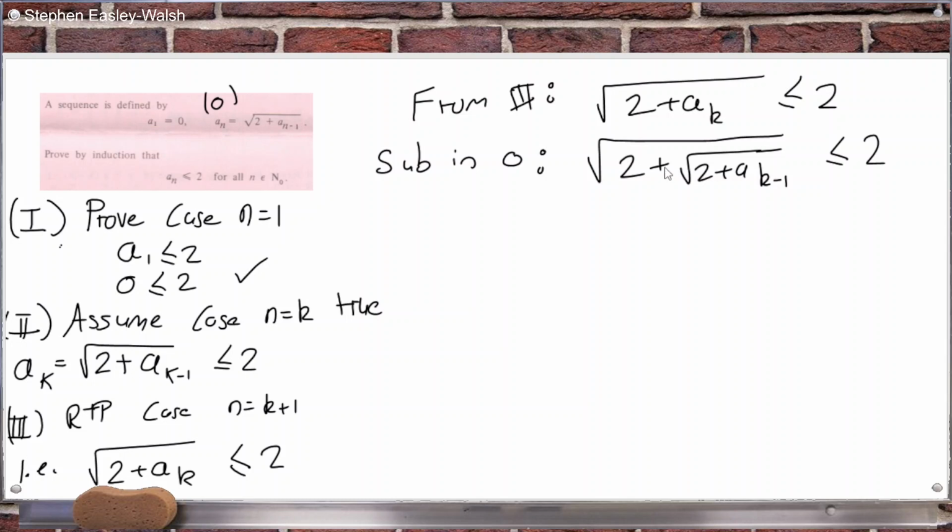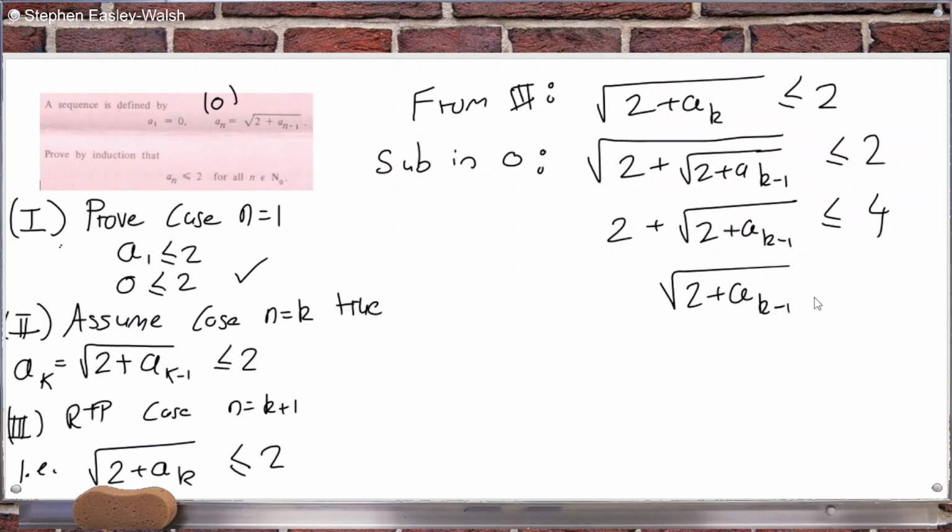Now this inequality is still true if we square both sides, so you get 2 plus root 2 plus ak minus 1 is less than or equal to 4. And if we take the 2 to the other side, you get root 2 plus ak minus 1 is less than or equal to 2. And that's true. That's true from 2.